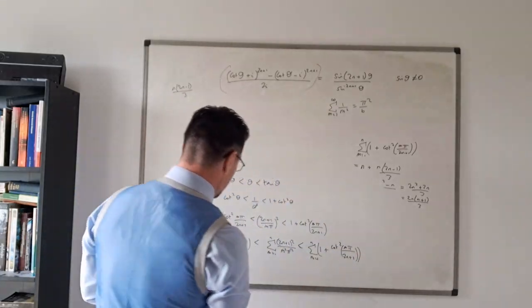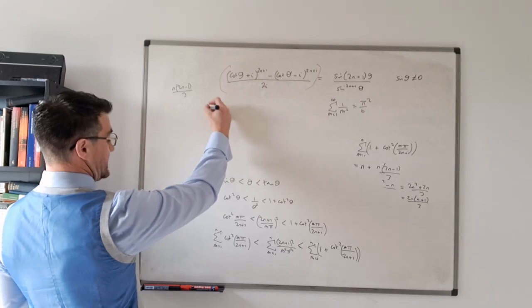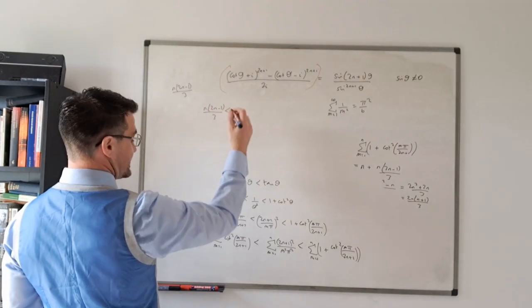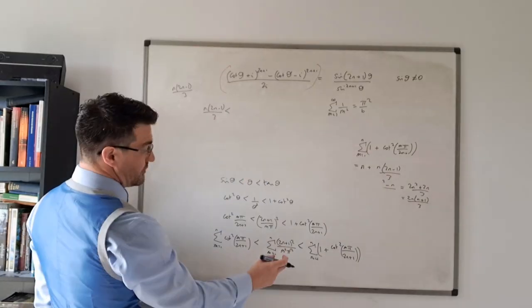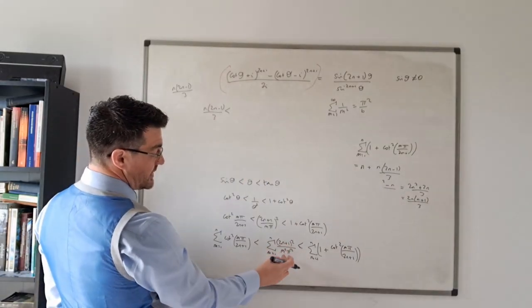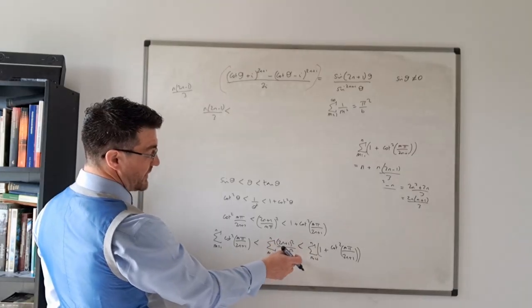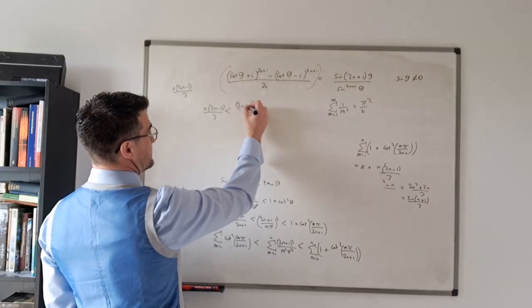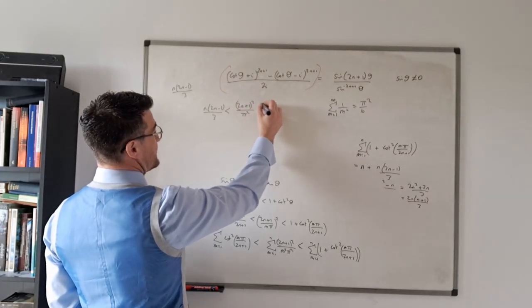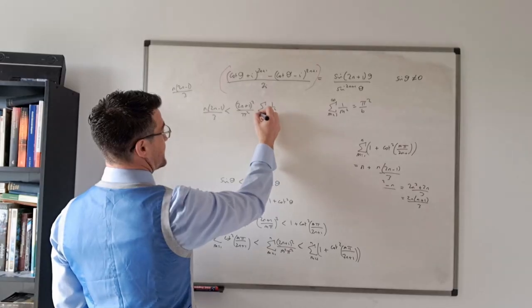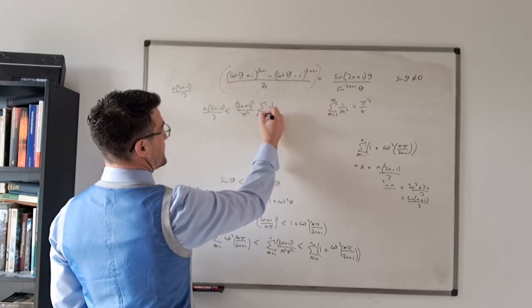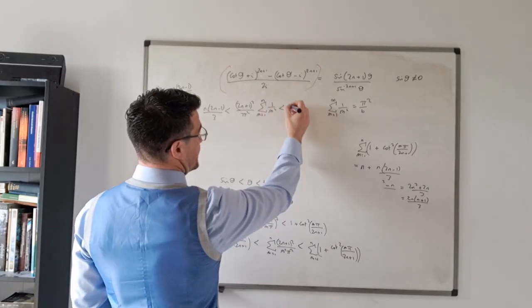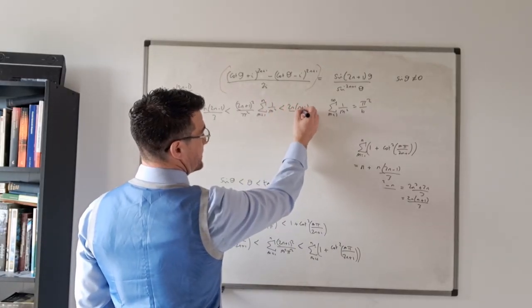Okay, so this is going to be n times 2n minus 1 over 3 is less than, now 2n plus 1 squared, I can pull the 2n plus 1 squared over pi squared out of this sum and just leave the sum of 1 over m squared from m equals 1 to n here, which is less than 2n times n plus 1 over 3.